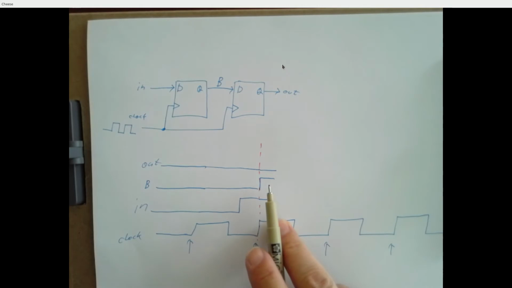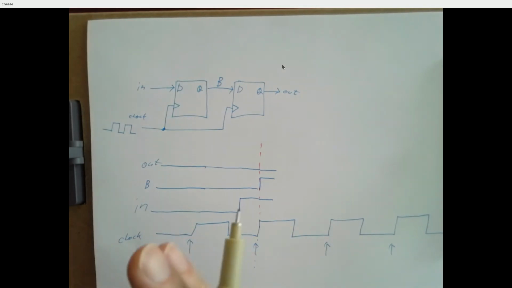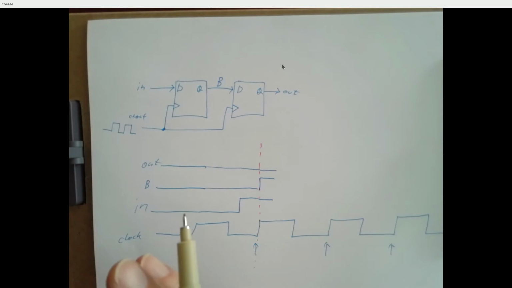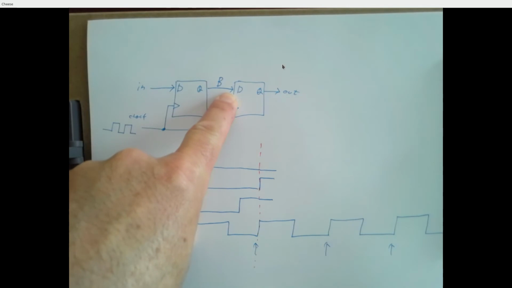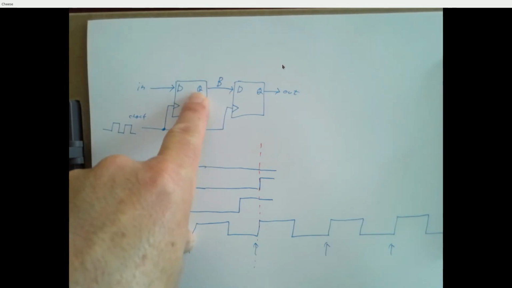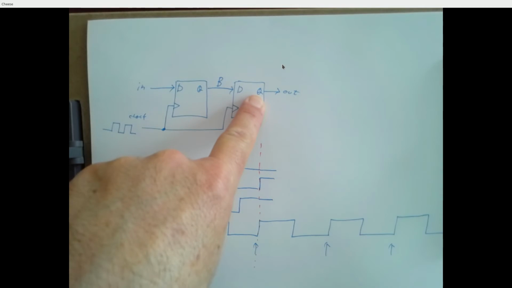But that's after this event has happened, right? This is a knife edge. Tick. And at the moment of that tick, we look at what everything is input-wise, and then we figure out what the outputs are. And at that moment, this D input is a 1, this D input is a 0. So this becomes a 1, this remains a 0.